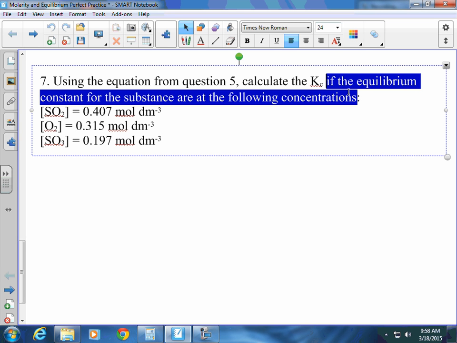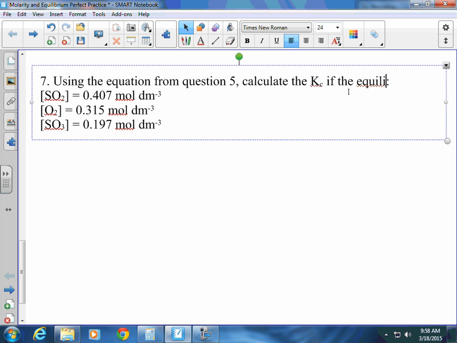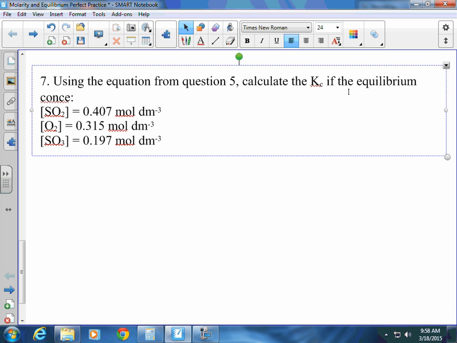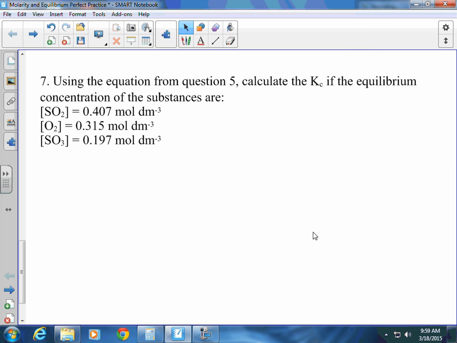Calculate the Kc if the equilibrium concentration of the substances are. There we go. Okay, so once again, we're going to use the expression that we found in number 5.